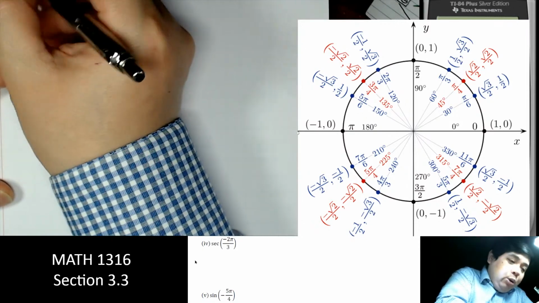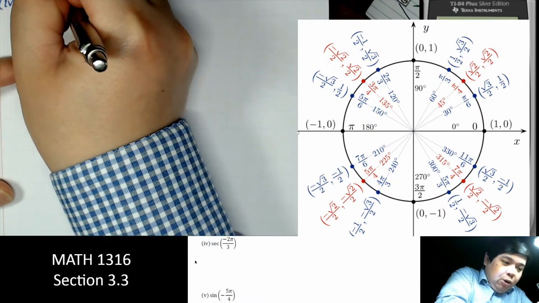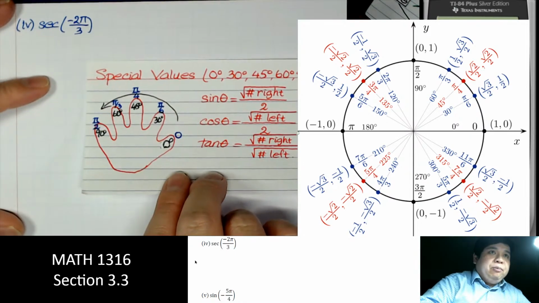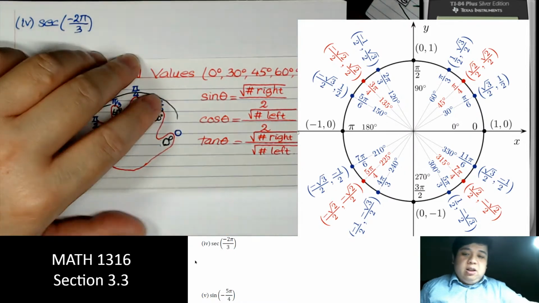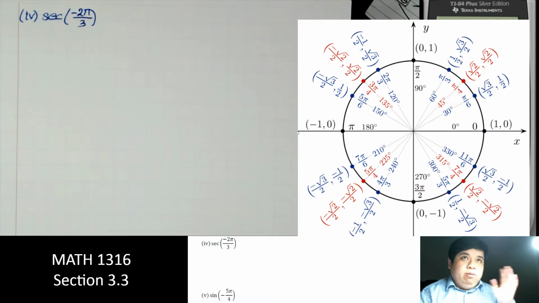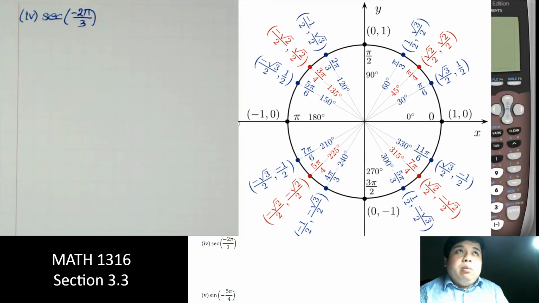So either we're using the unit circle, or if we don't have the unit circle, then we have to go with this and the signs. Now let's use the unit circle here and forget about the hand. I can make that even bigger.